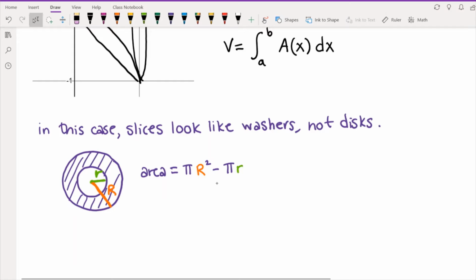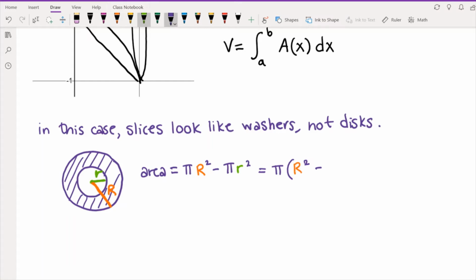That is how you would find the area of that shaded part. And another nicer way to write this is we can factor out the pi, and then we're left with big R squared minus little r squared.